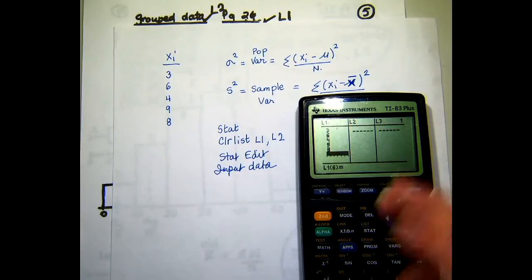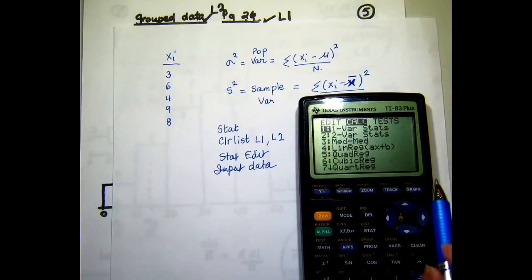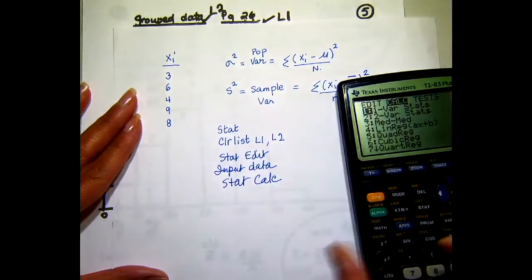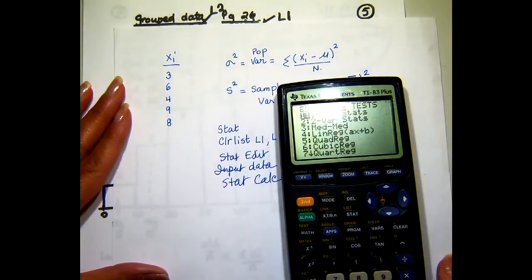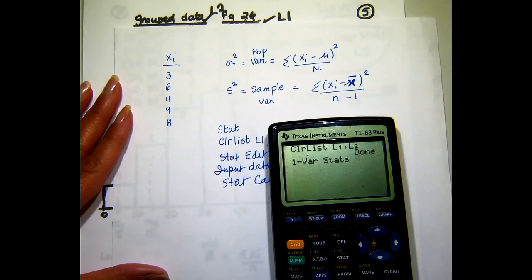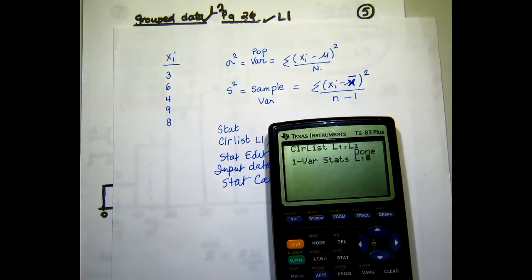So I would go stat, calc, and then one variable statistics is already highlighted for you. Just hit enter. And then it says what list. It's waiting for you to input the list. My stuff was in L1. So second function and the 1 key.